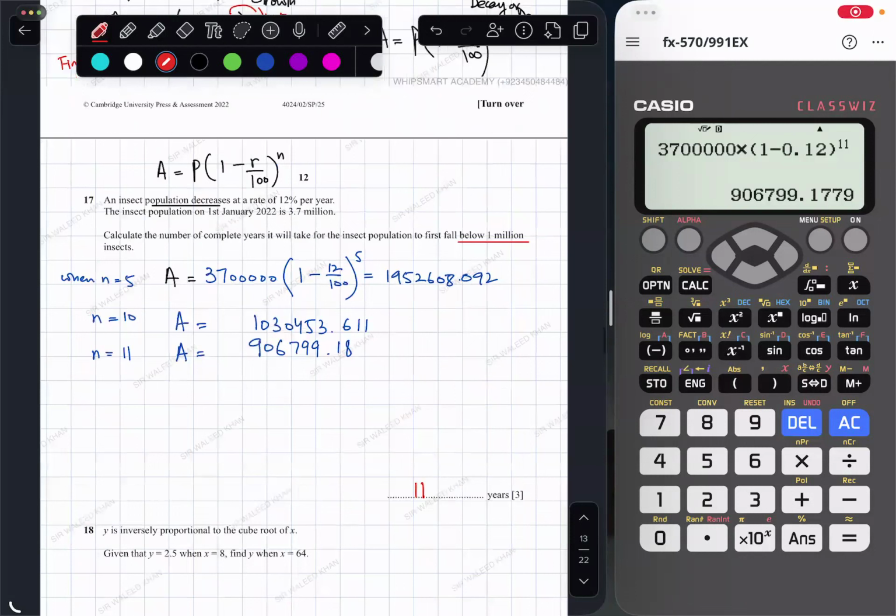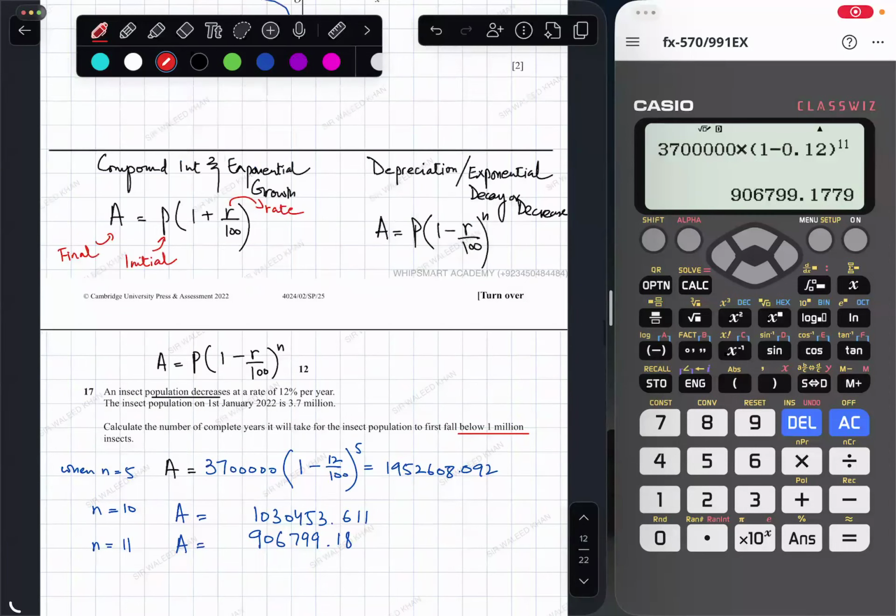No, simple interest will not work, because decay, my child, is exponential. Do you know what exponential means? When something comes in the power, its speed is faster, right? Is that clear? Simple interest cannot represent that. An exponential growth and an exponential decay will be represented by this formula.